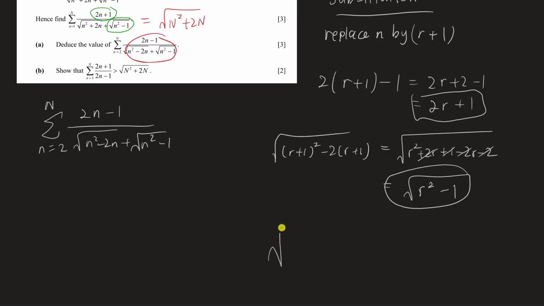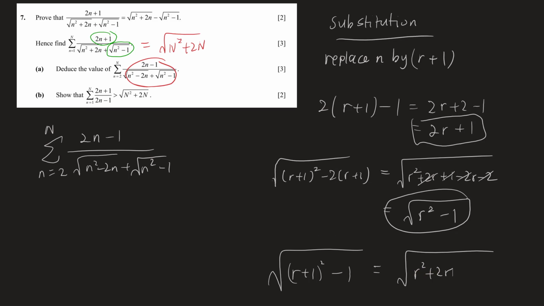Third item, see whether it works. Final item, n squared minus 1. If we replace the n by r plus 1, we will get this. Expand this, I will get r squared plus 2r plus 1 minus 1, which gives us 0, which is simply r squared plus 2r. It really looks like the previous one. So if it matches here, here, and here, we say that this substitution is correct.